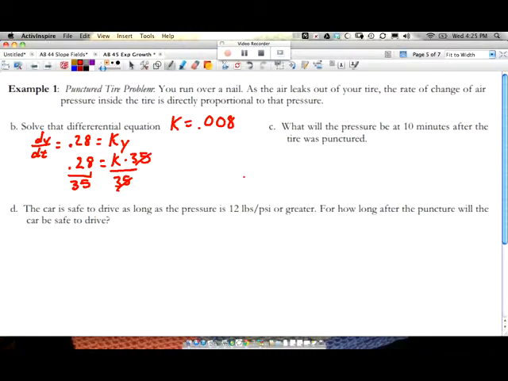Here's the other half. You have to consider that y equals some constant times e to the kt. And this constant was your initial value.